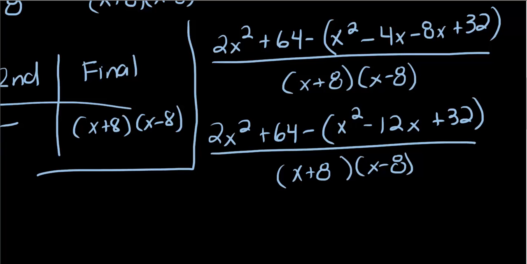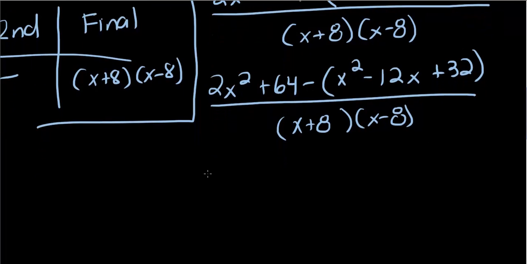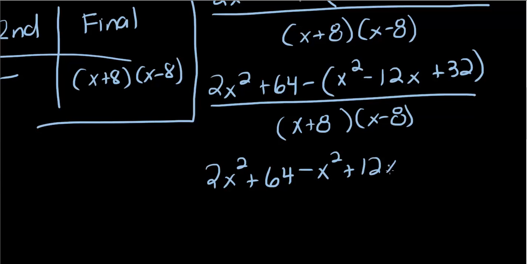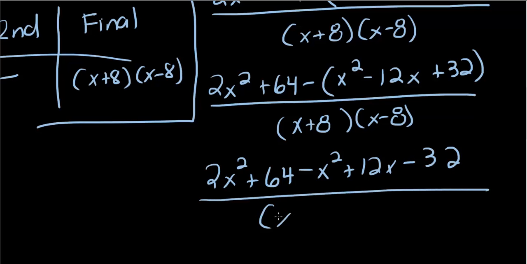And again, we're going to distribute the negative sign. So it will be 2x squared plus 64 minus x squared plus 12x minus 32 over (x plus 8) times (x minus 8).